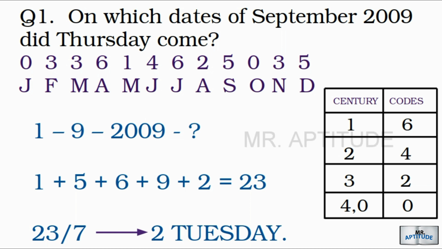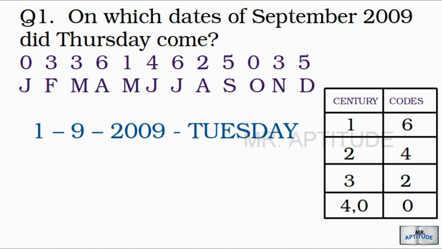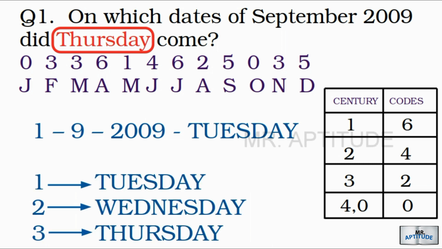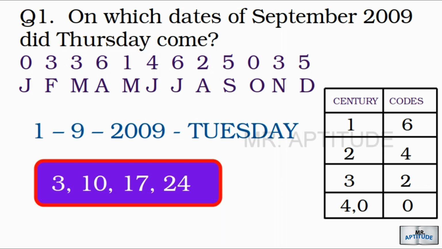When 1st September 2009 is a Tuesday and we want a Thursday, second will be a Wednesday, third will be a Thursday. So first Thursday is on 3rd. Next will be on 10th, and then 17th, and then 24th. I want you to calculate accordingly.